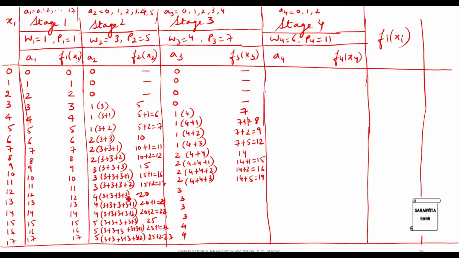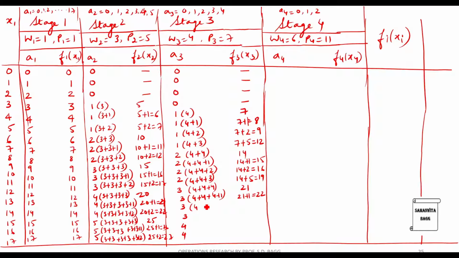Then you have value over here as 12. So it is 4 plus 4 plus 4. 7 threes are 21. The next value is 13. So it is 4 plus 4 plus 4 plus 1. So this will be 21 plus 1 is 22. Then you have number 14.